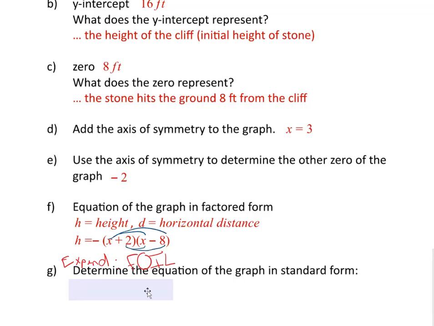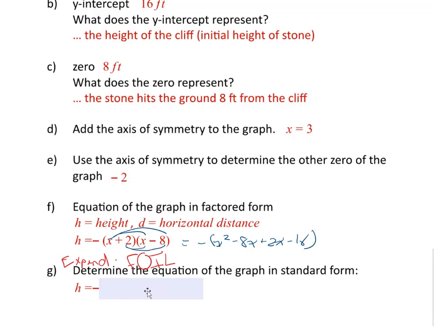So x times x gives us x squared. So in our standard form, we should have -x squared. I forgot about the negative. Negative is going to be multiplied in. So I'm going to do a step over here: x squared, and then minus 8x first, plus 2x, because you do your outside, then your inside, and then you do your last, which is 2 times -8, which is -16.